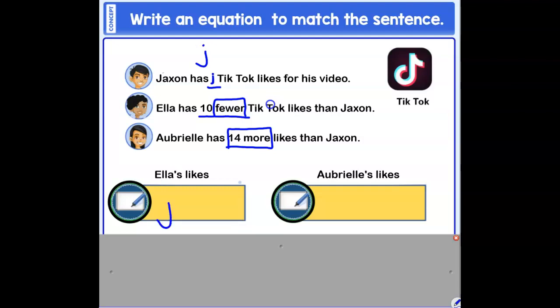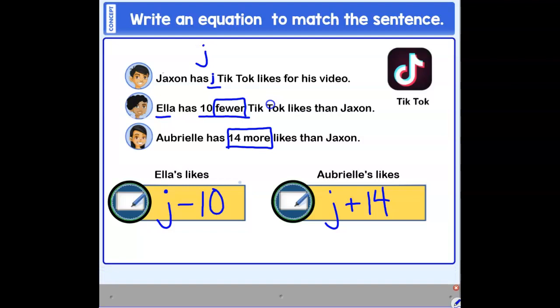Well, we know Jackson is going to have J, but Ella has 10 fewer, so we have to take away 10. 10 fewer than Jackson. Okay? Abrielle has 14 more likes than Jackson, so we take Jackson's likes. She has 14 more, so we're going to add 14 to that.